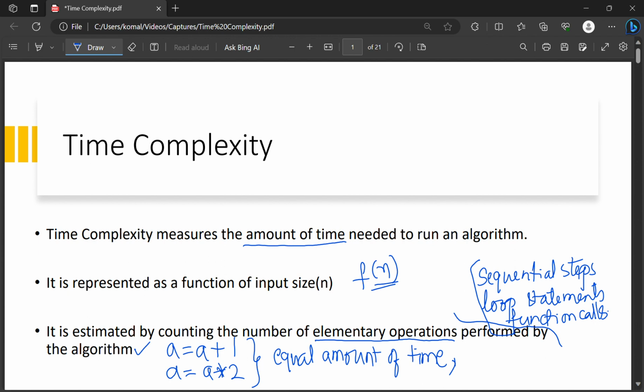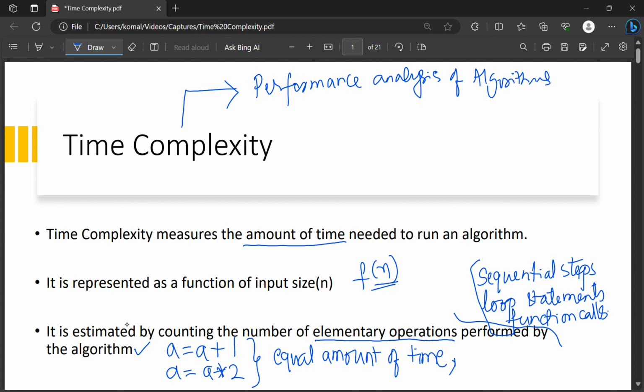Before going into the details, let us realize what is the purpose of time complexity. Time complexity is used for performance analysis of algorithms. Why do we need to do this performance analysis?